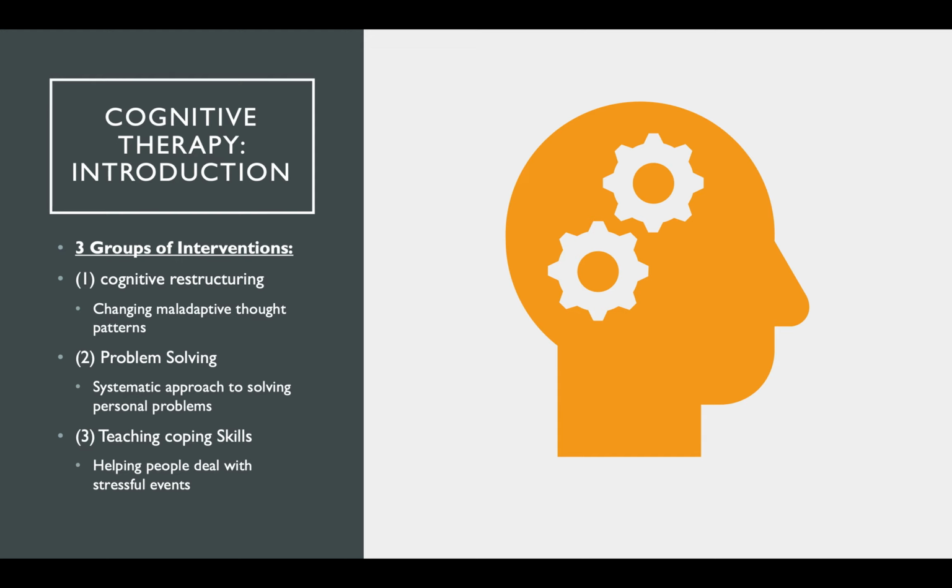A lot of times people with psychological issues are using maladaptive or unhealthy ways of coping with stress and with problems. A lot of times people use avoidance, and avoidance could have many different shapes, from substance use to just sleeping it off and procrastinating.